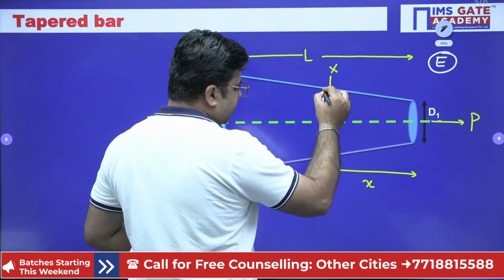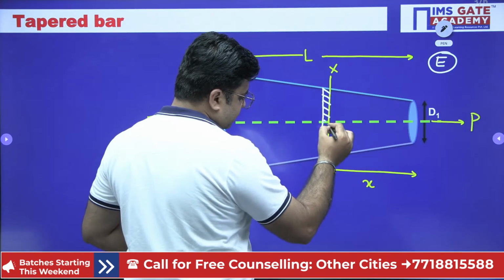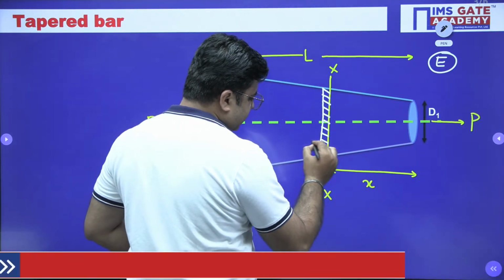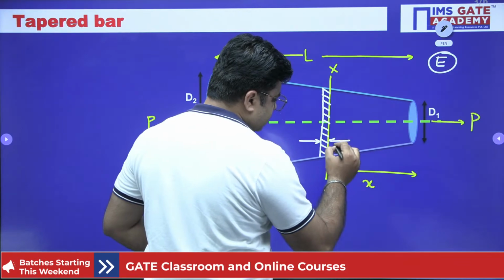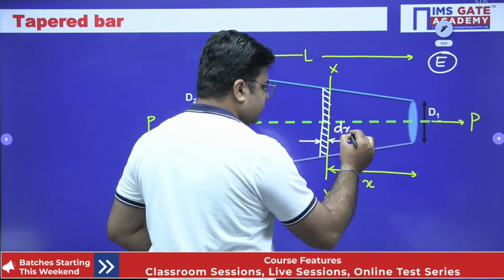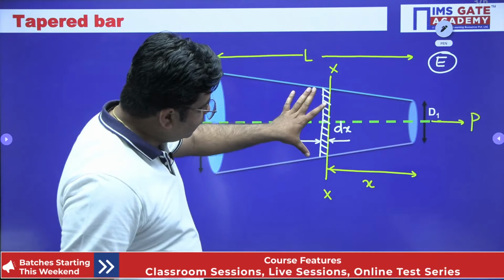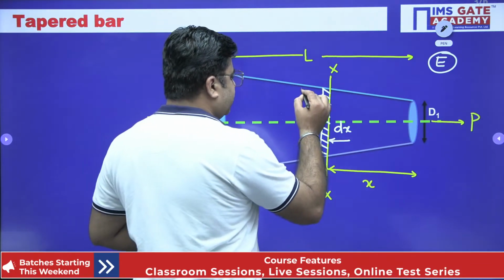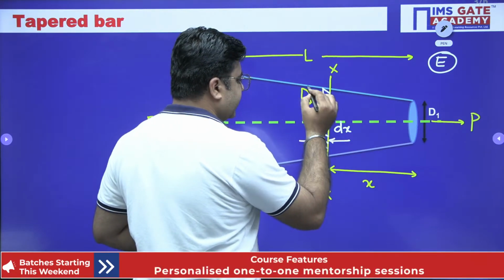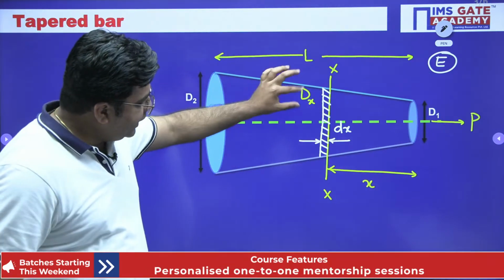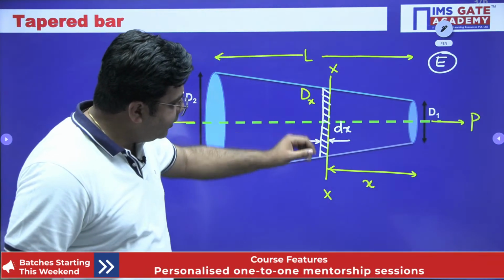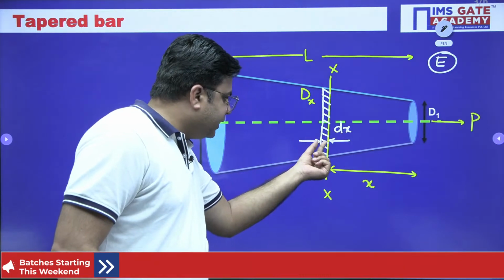This is one element of length dx. And the diameter of this element is capital D suffix x. Dx is the diameter of this element and this dx is the length of the element.